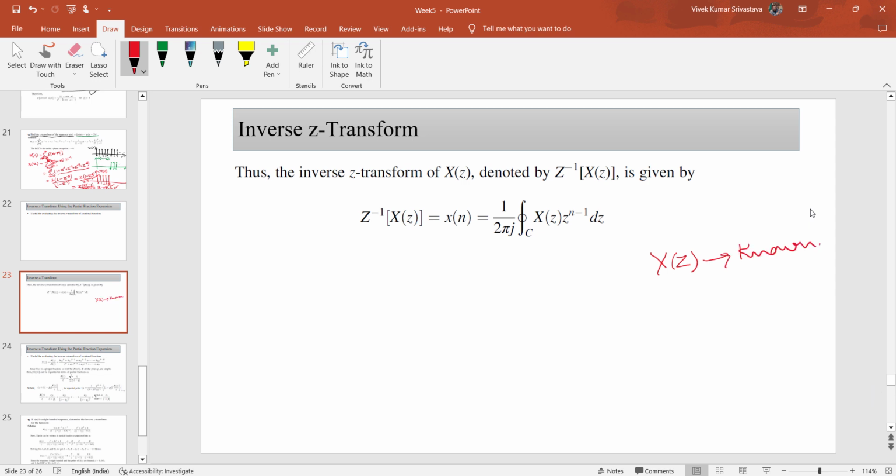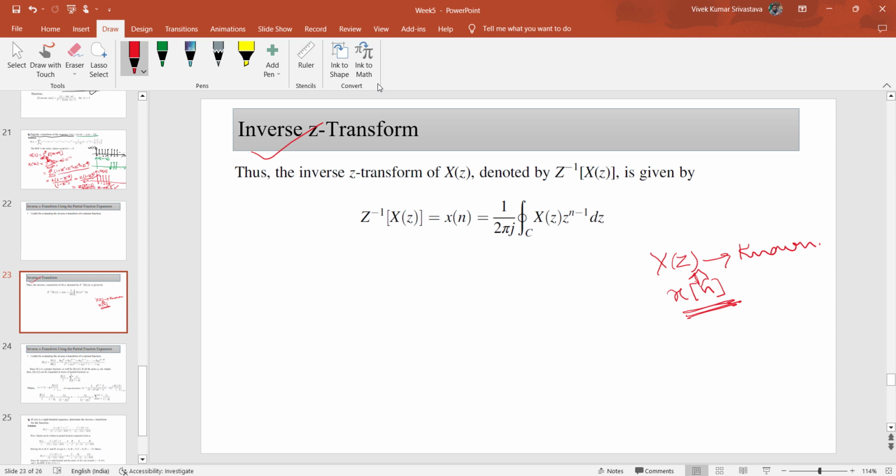One may ask whether we can find out the value of this signal or not. The answer is yes. By using the inverse z transform, we can easily evaluate which kind of signal we can use so as to get this X of z.